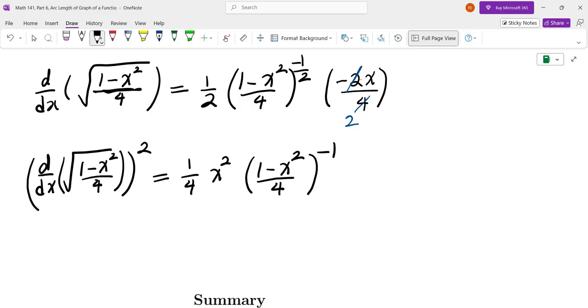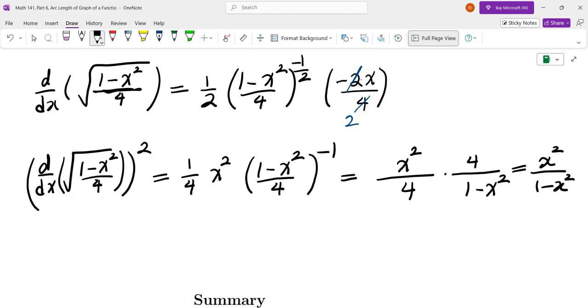So we get to the power of negative 2. So this would become x squared over, we have a 4 here, and this one would be 4 over 1 minus x squared. So this would become x squared over 1 minus x squared. So that's the derivative squared.